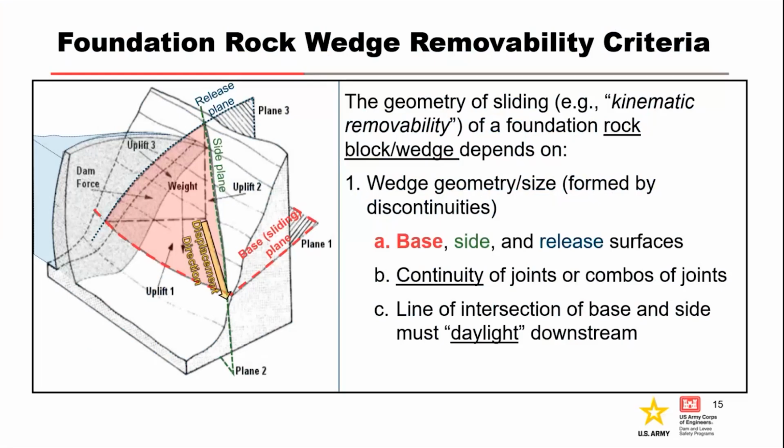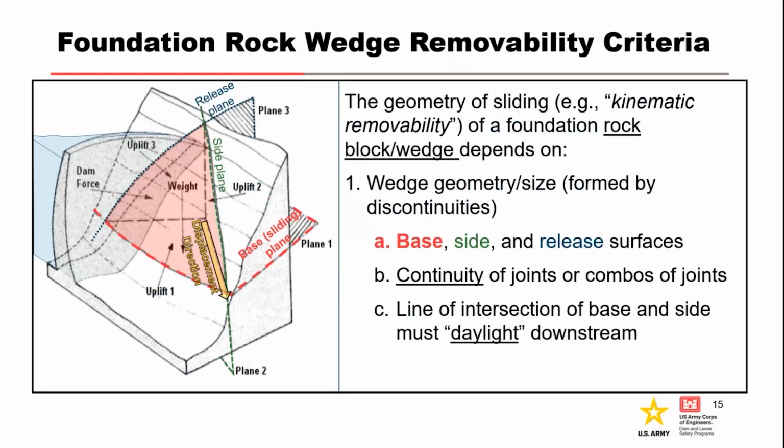Planes or intersections that daylight downstream and form blocks upon which the dam rests should be identified and evaluated for sliding stability. This is shown schematically here, how this could occur and the forces that typically need to be considered.